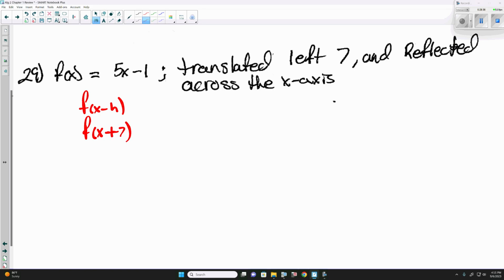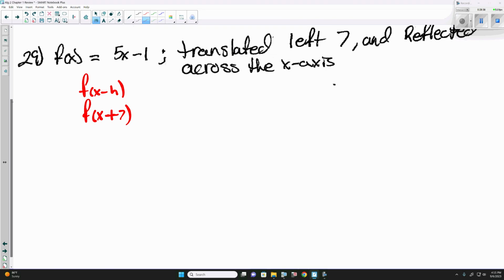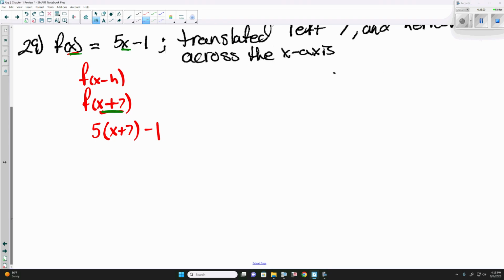But our negative negative makes a plus, and we get this here. Now because we don't have f of x anymore, we have f of x plus 7. Every place that there's an x needs to be replaced with x plus 7. So we still have the 5, but instead of x, we have x plus 7. All the rest of the function's still there. We're just replacing x with x plus 7.